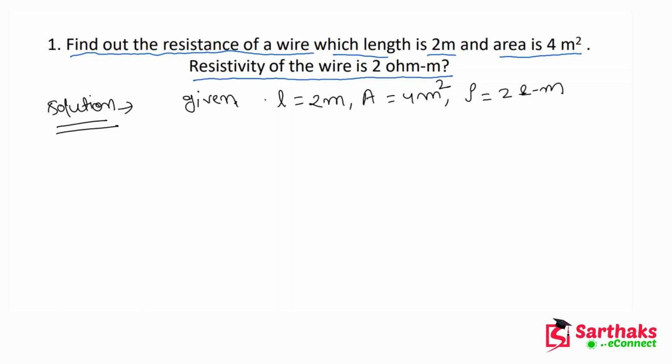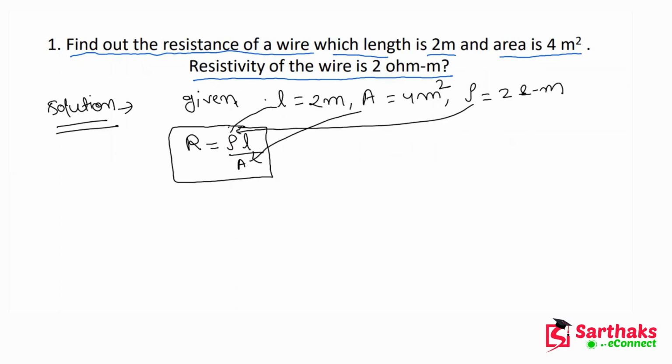Now guys, you might be confused. What is this resistivity? You do not need to be confused. We will understand this resistivity very deeply. So let me write down a formula here. We know that resistance is equal to the resistivity multiplied by length upon area. So this is the formula. By this formula, if we put these values in, we can simply find our answer.